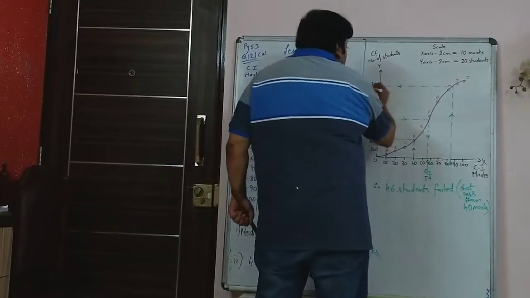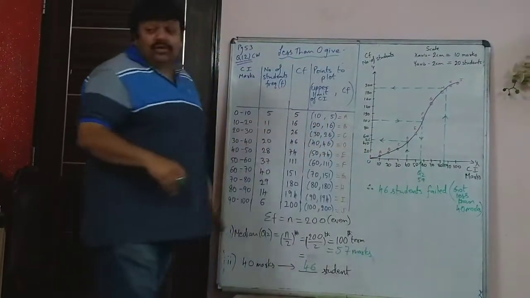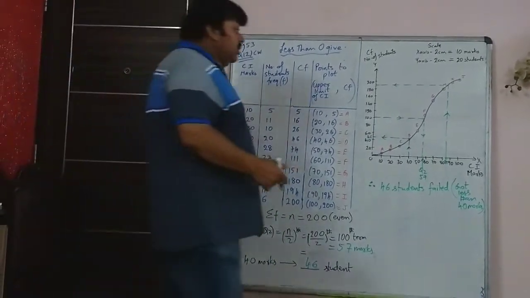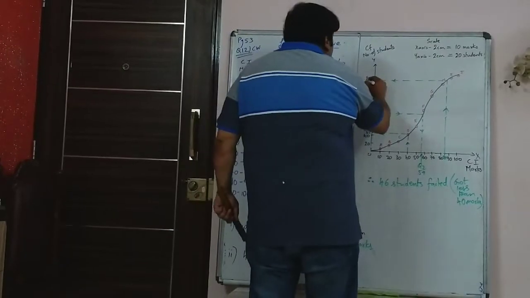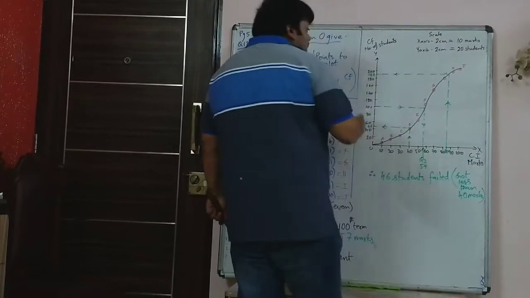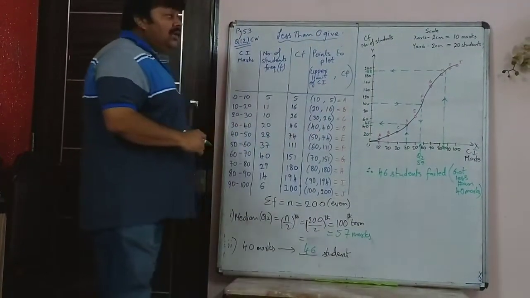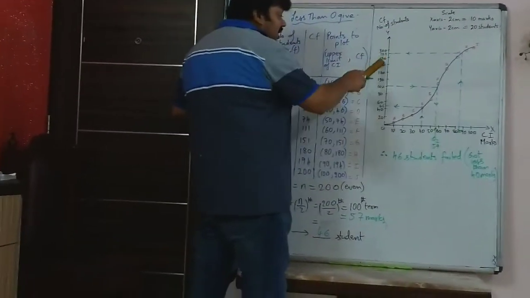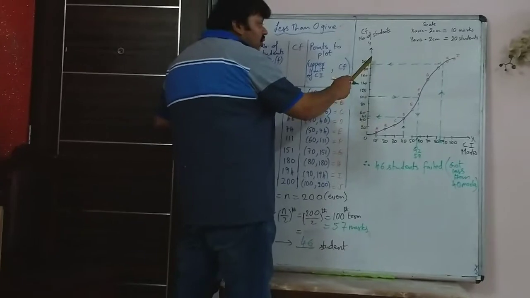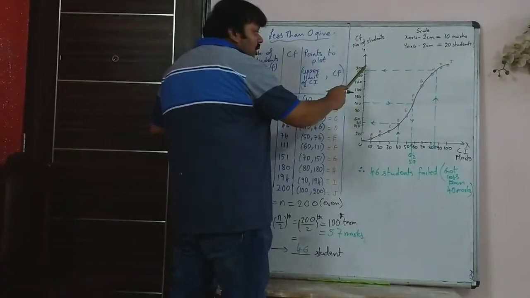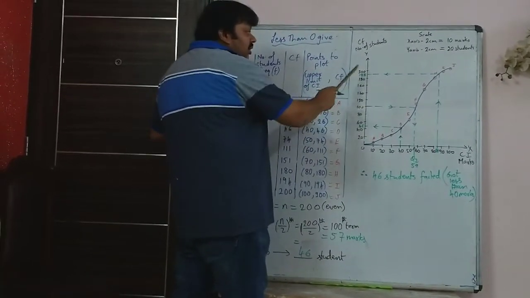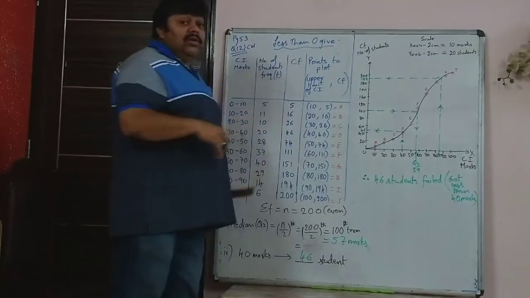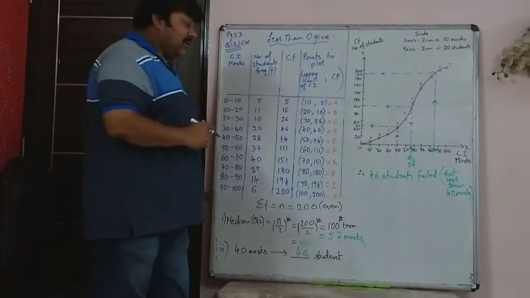So when you see this, whatever answer you have got, in this case you are getting 188. The number corresponding is 188. That means below 85 marks there are 188 students. So the rest of them, 200 minus 188 or 12 students, got grade 1 because they got more than 85 marks.